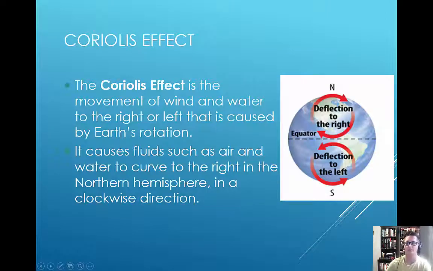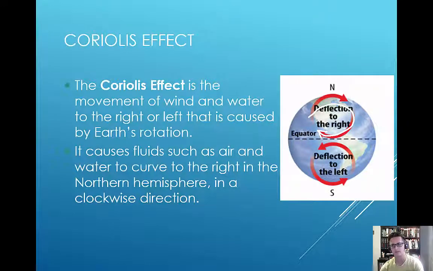When we talk about ocean currents, which are large volumes of water moving around in the ocean, it's hard not to talk about the Coriolis effect. The Coriolis effect is the movement of wind and water to the right and left caused by the Earth's rotation. If we look right here, we see water rotating around and to the east.